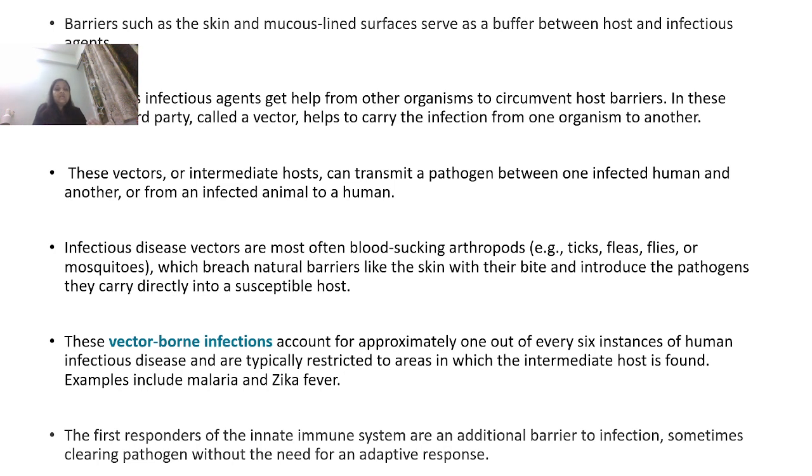These diseases cause many deaths in the season of the mosquitoes. When there is a high amount of mosquitoes, these diseases also increase. So we need to understand how these diseases are circumvented by our immune system. The first responder, as I already told, is the innate immune system, and sometimes it is enough to clear off the pathogens of the infection without even activating the adaptive response.